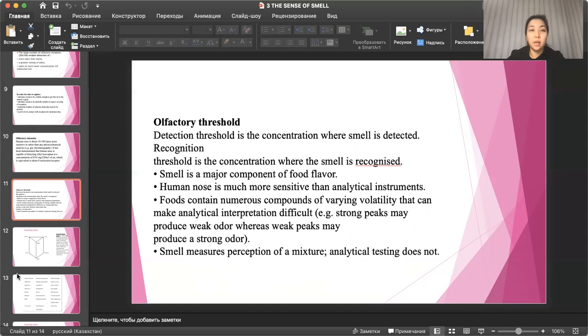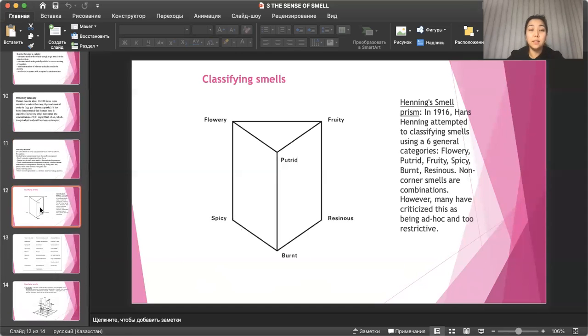So here on this slide, you can see that firstly in the 19th century, the scientist Henning attempted to classify smells using 6 general categories: flowery, putrid, fruity, spicy, burnt, and resinous.